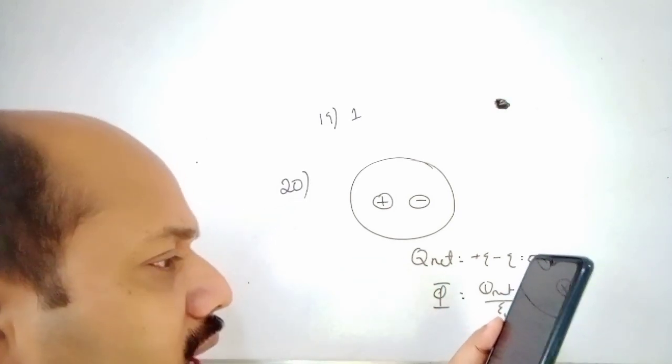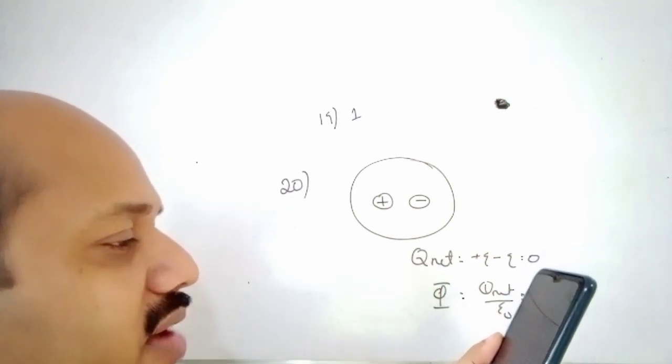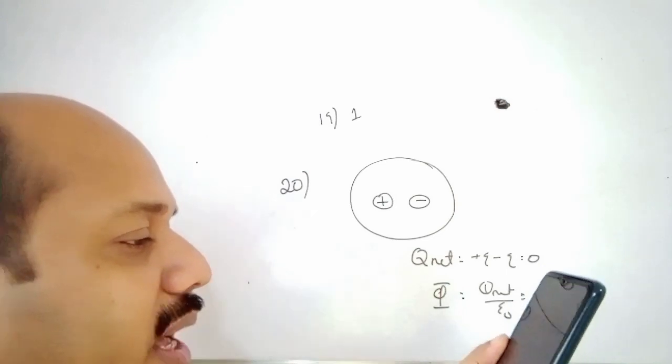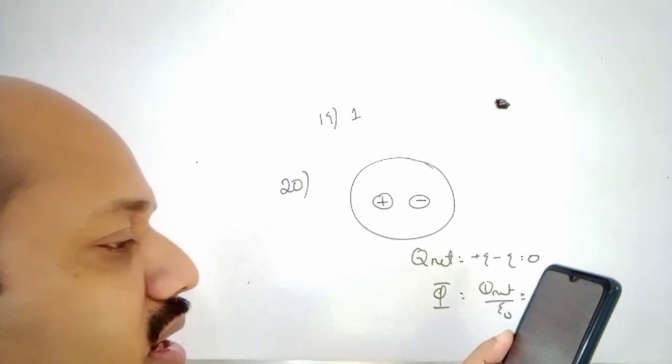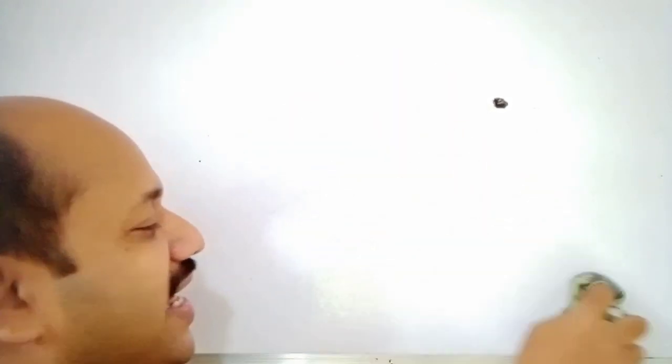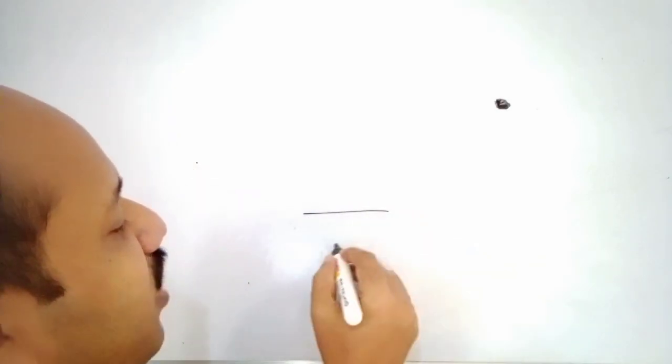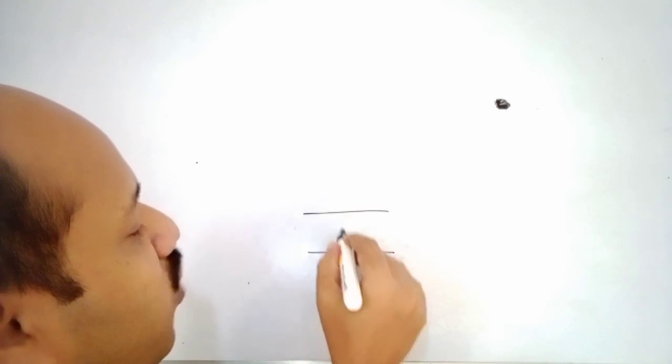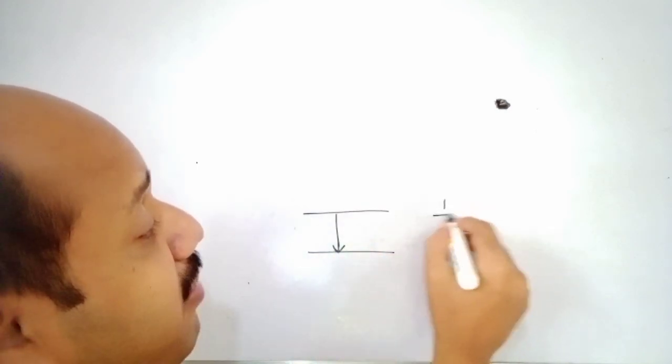21. Lambda 1, lambda 2 are the wavelengths of the first members of the Lyman and Paschen series respectively. Then lambda 1 is to lambda 2 is, look, Lyman. First Lyman means 2 to 1.